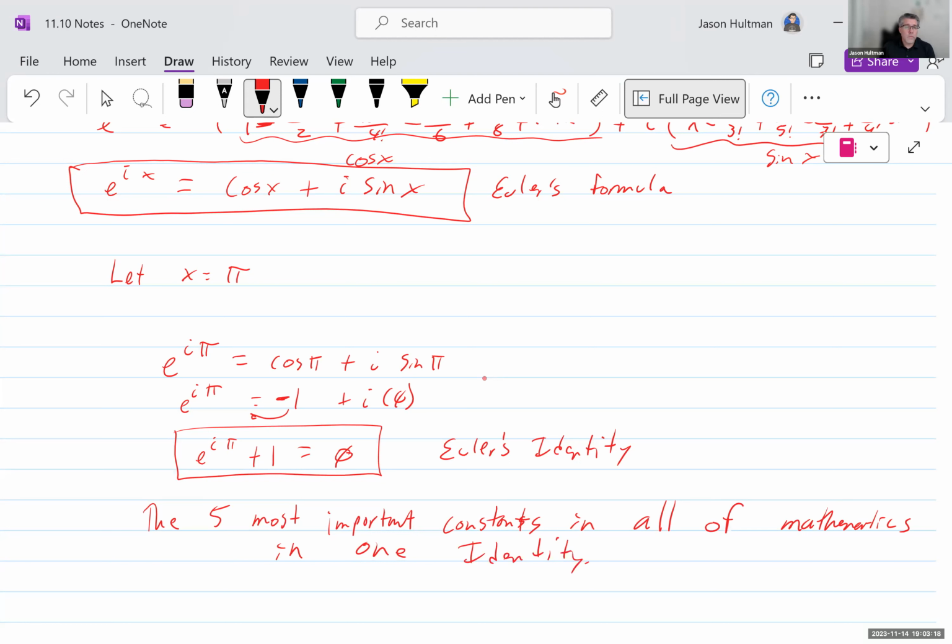And so the universe holds. And again, it's called Euler's identity.